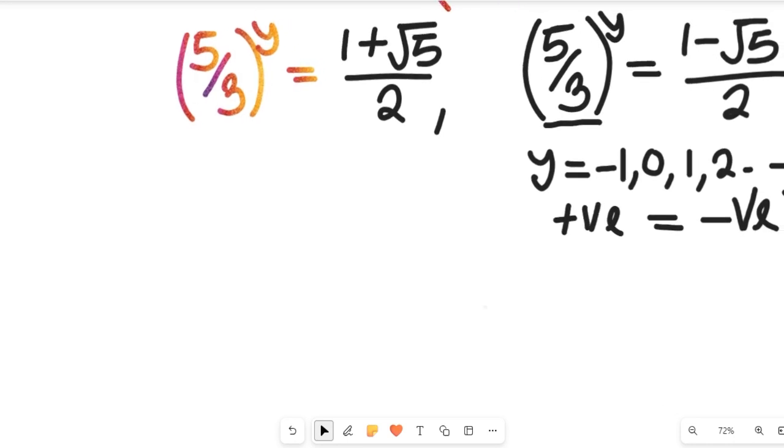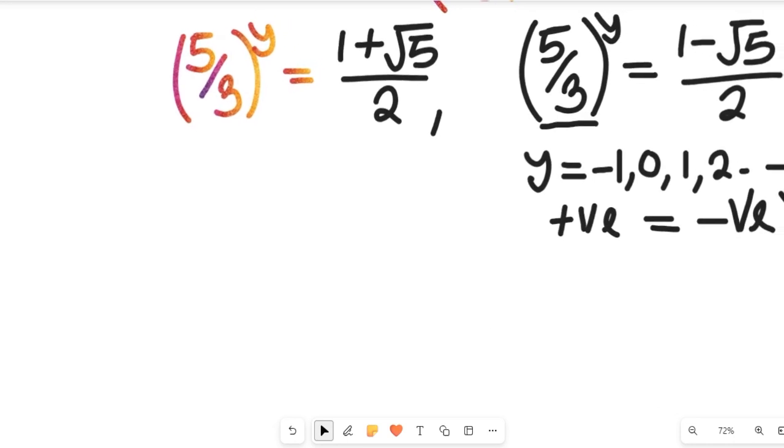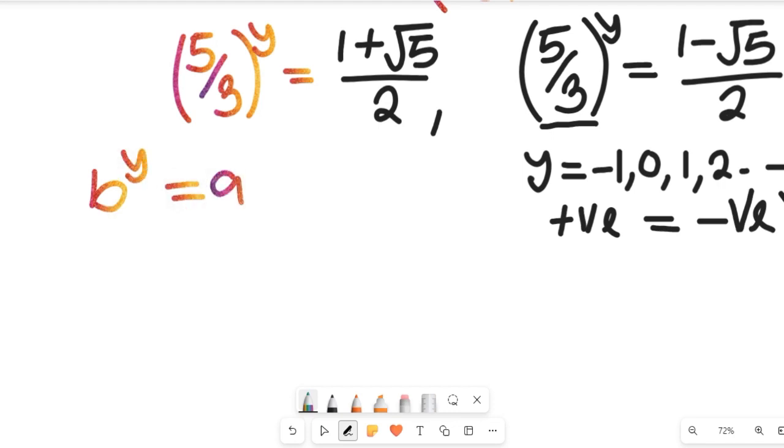Now let's get back to this expression. From this expression, you can see that we can get the value of y. Now recall that if we have b to the power of y equal to a, and we find the log of that value, the value of y can be equal to the log of a base b.